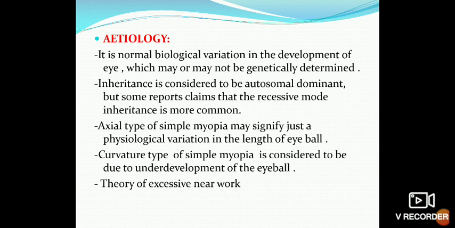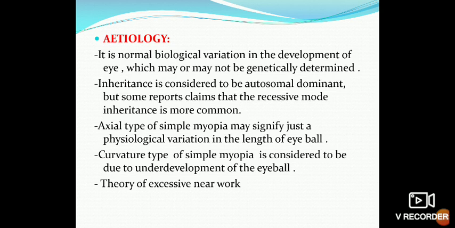Okay, if you see the etiology of simple myopia, it is just a normal variation in the development of the eye, which may or may not be genetically determined. Inheritance is considered to be autosomal dominant, but some reports claim that recessive inheritance is more common. Axial type of simple myopia may signify just a physiological error in the length of the eyeball.